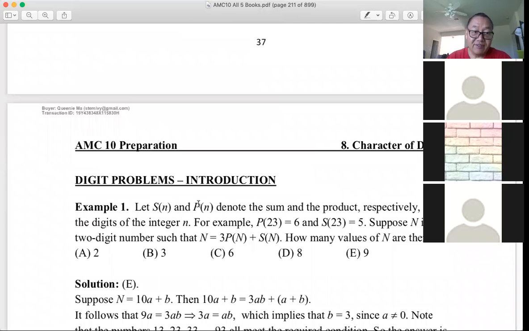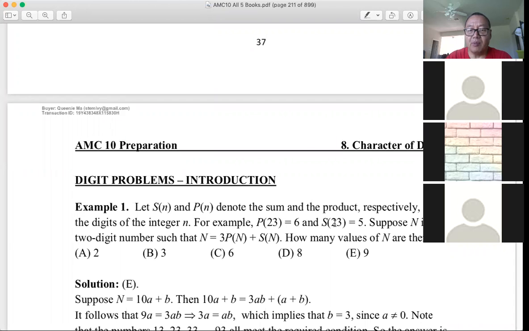Let's say this. Let Sn and Pn denote the sum and the product, respectively, of the digits of the integer n. For example, P23 equals 6 because the product of 2 and 3 equals 6.